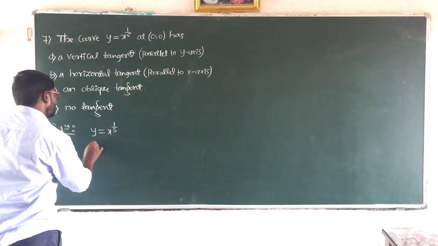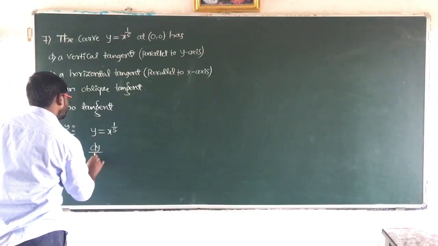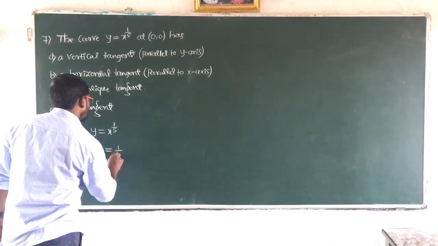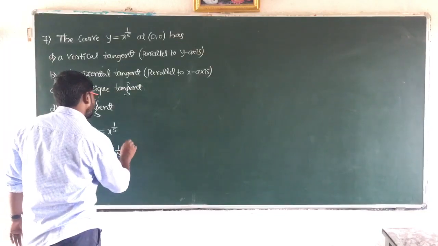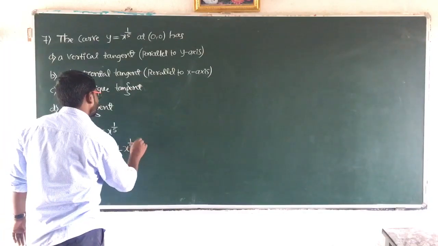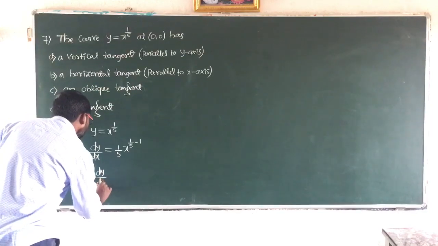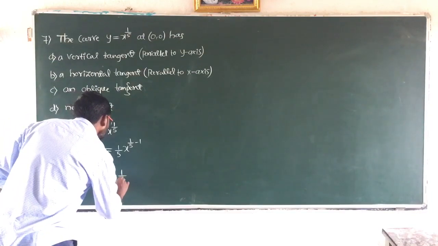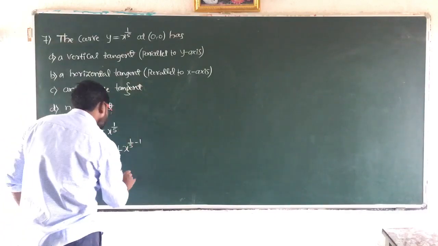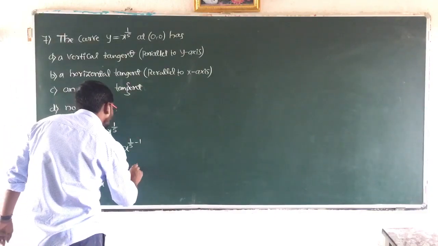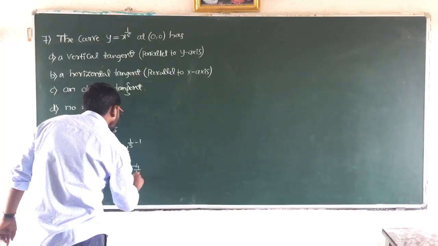Now dy by dx is equal to 1 by 5 x to the power 1 by 5 minus 1. So, dy by dx is equal to 1 by 5 x to the power, taking the LCM, we get minus 4 by 5.